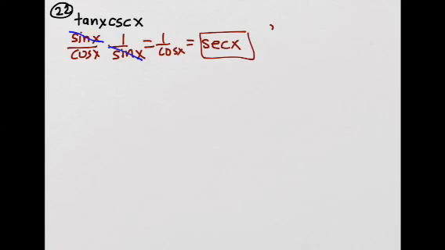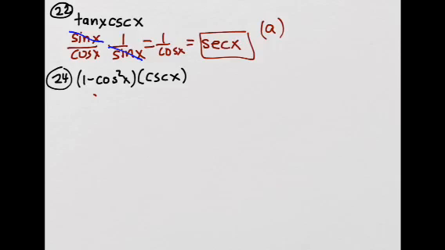Oh, and that's letter A, by the way. Now for 24, you have to train yourself to recognize Pythagorean identities. So 1 minus cosine squared theta is sine squared theta. And there's nothing I can do to help you with that other than you've got to know the identities. You have to recognize them, look for them, and substitute them whenever possible.